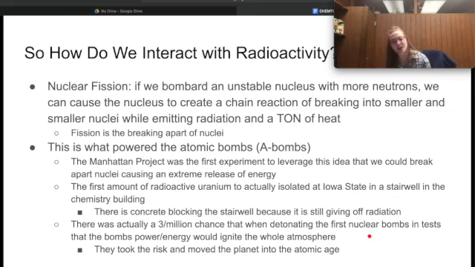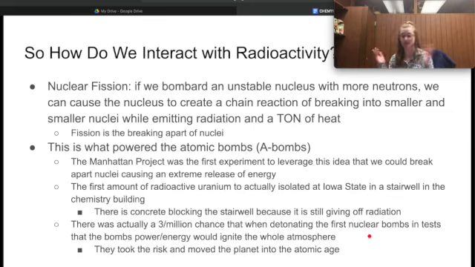And actually, there was a 3 in 1 million chance that when detonating the first nuclear bombs in tests, the power and energy from these bombs would ignite the whole atmosphere. We weren't quite sure that if we detonated an atomic bomb, it wouldn't just light the atmosphere on fire, poof, done, gone with life on Earth, gone with humanity.